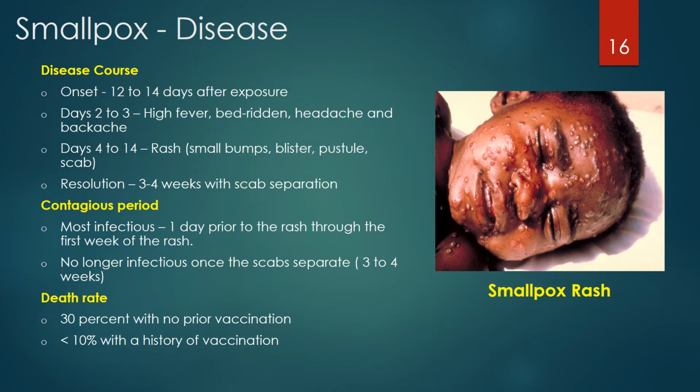The mortality rate was less than 10% for infected individuals with a history of vaccination, and thought to be due to immune system memory that helped prevent severe disease in those previously vaccinated. There was a higher mortality rate in infants and the elderly.